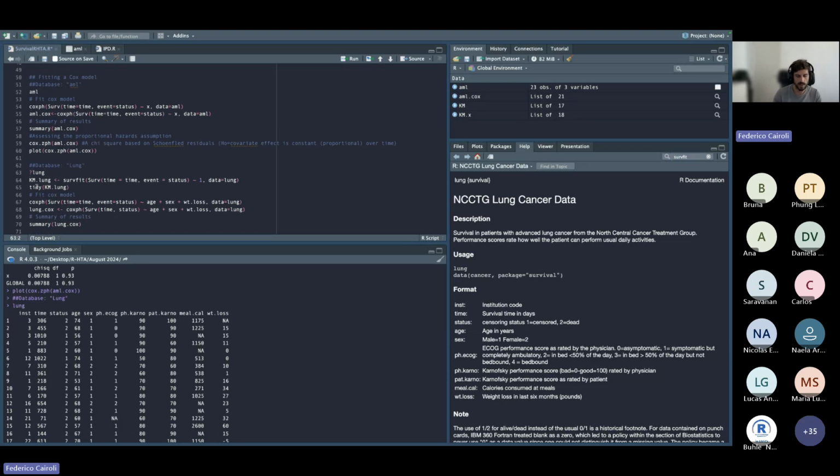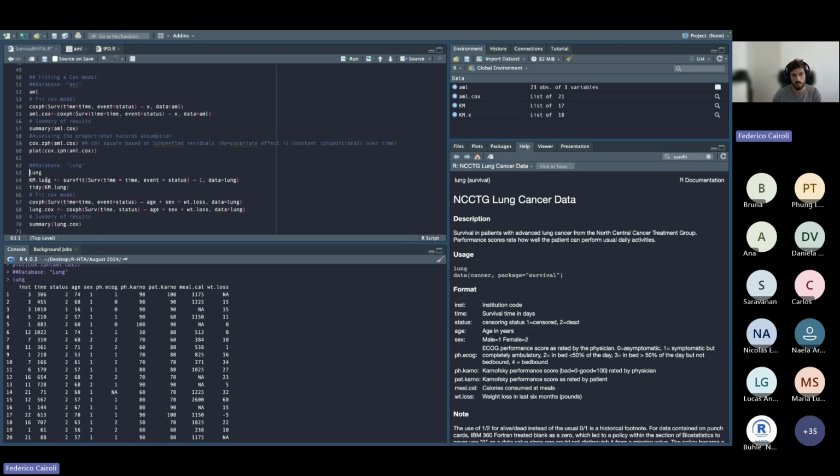So basically, we have this database, and what we are going to do is to have, again, the Kaplan-Meier curve, the same thing that we did with the other database, in this case with lung. And as I'm putting 1 here, I would like to see the Kaplan-Meier curve for the whole database, not stratified by any other covariate. So I just create this object, km.lung.